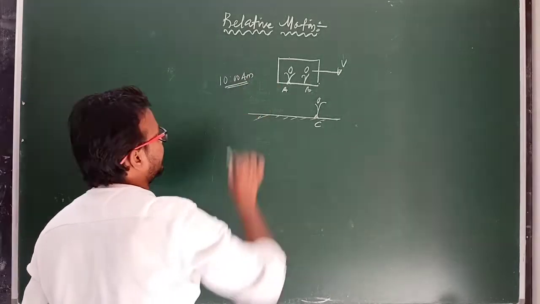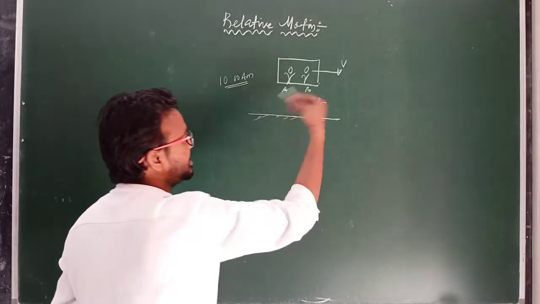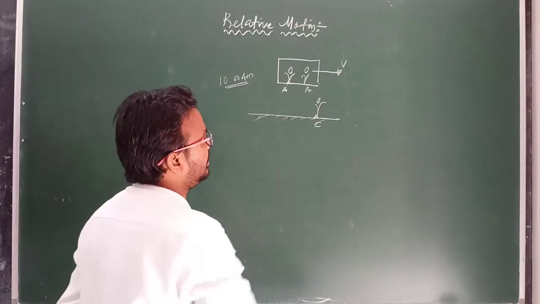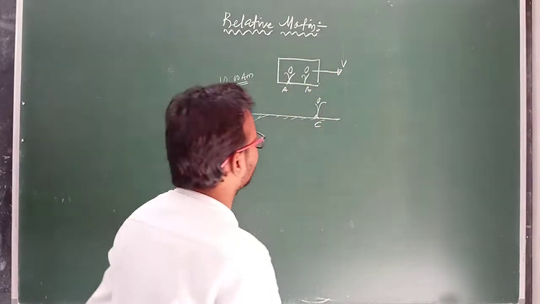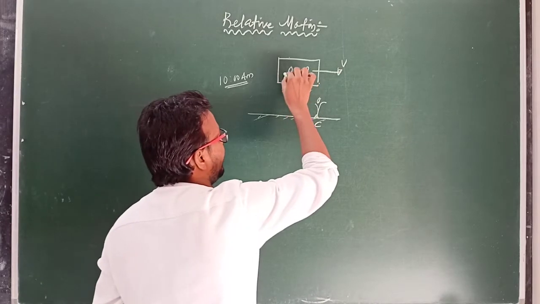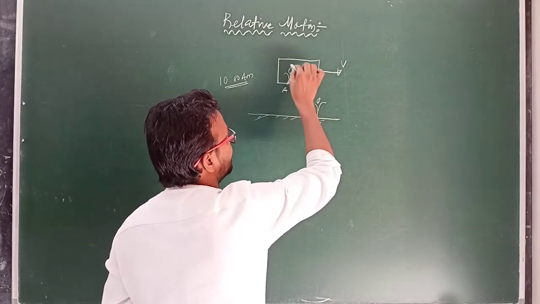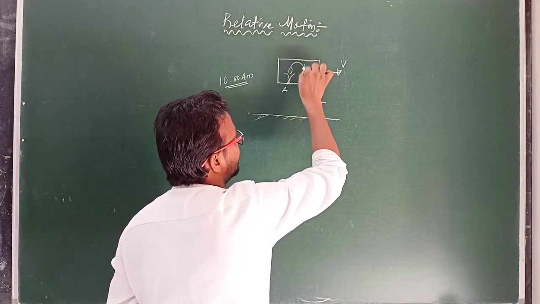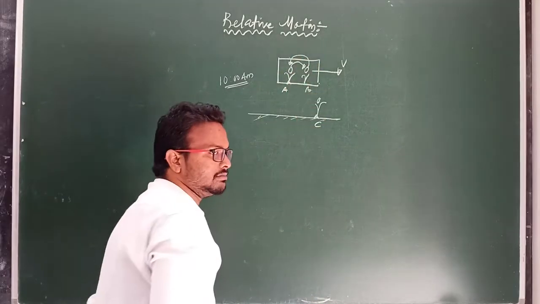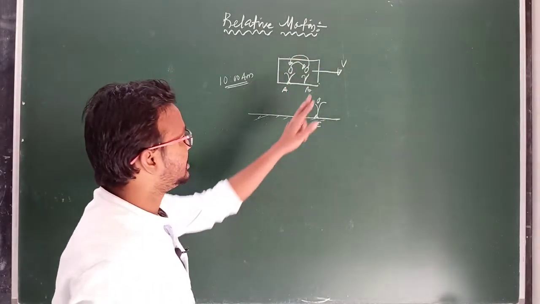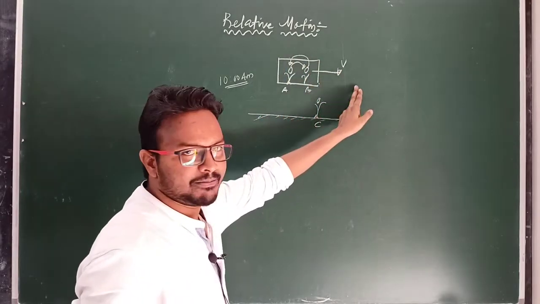Suppose the time is 10 AM. At a particular instant, if you ask A what is the velocity of B while they are moving with the moving train with a certain velocity, A will answer that B is at rest, because A observes B at rest, and B also observes A at rest. They are inside a moving frame.